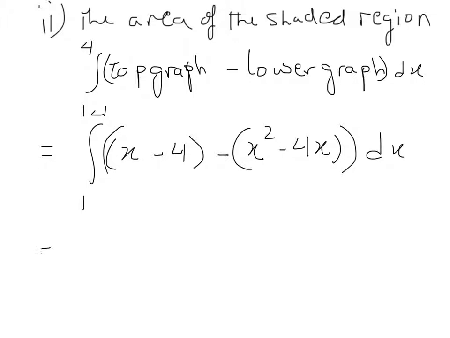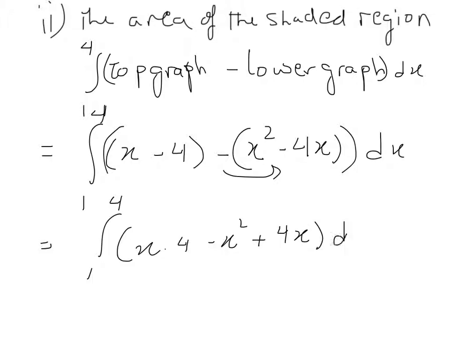Okay, we can expand all this, and we should end up with x minus 4 minus x squared. Don't forget the signs here will change, plus 4x dx. Again, from 1 to 4, you will end up with minus x squared plus 5x minus 4 dx.